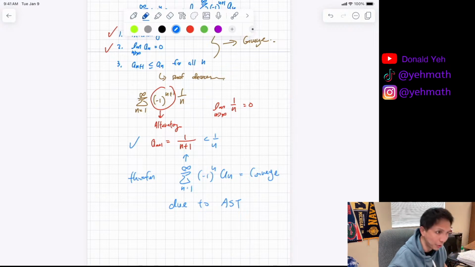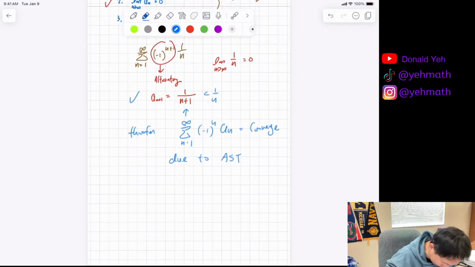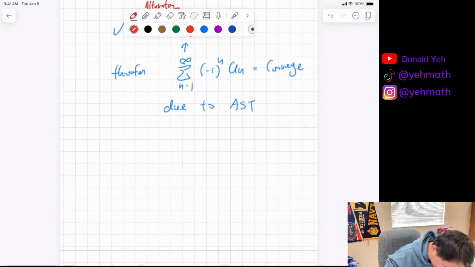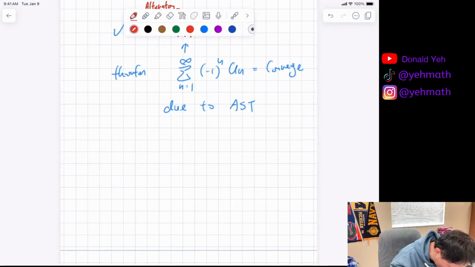Now let's just use some logical proof. Why is that true? This is a very important understanding. So imagine that this length is 1, and that's 1.